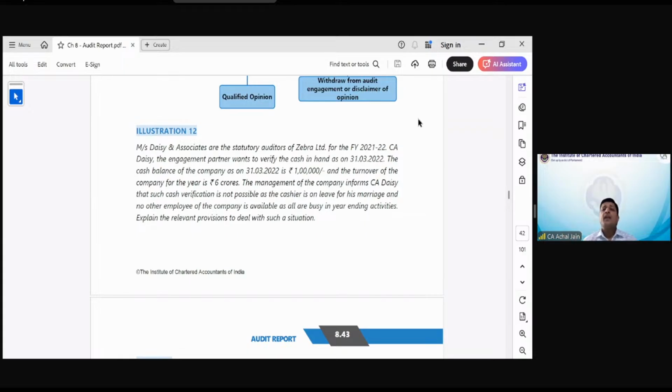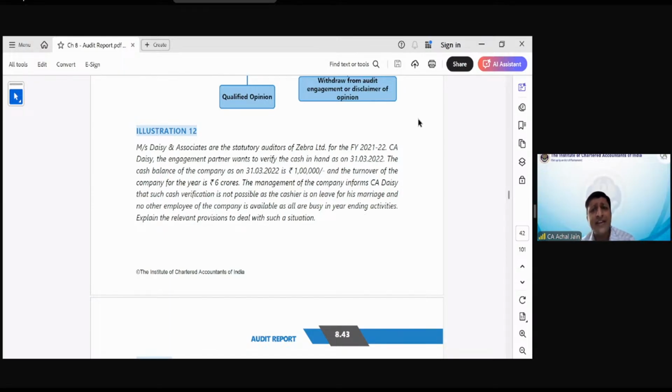Now, in this case, this is a company, Zebra Limited, for which Messrs. Daisy and Associates are the statutory auditors. And we are talking about financial year 21-22. CA Daisy happens to be the engagement partner.